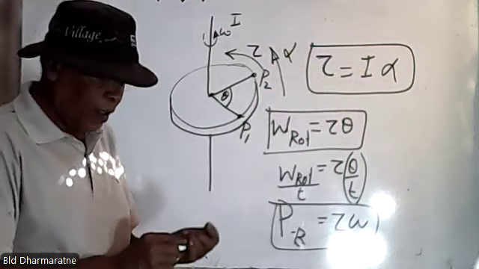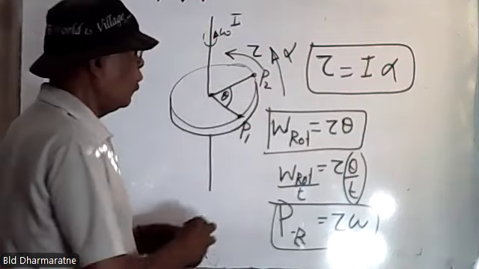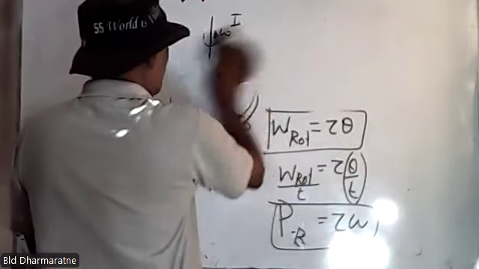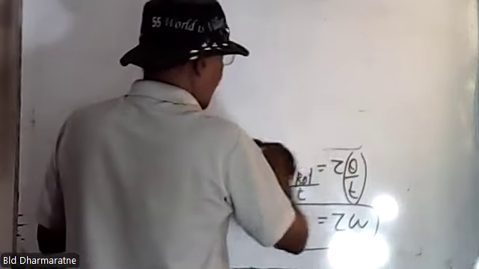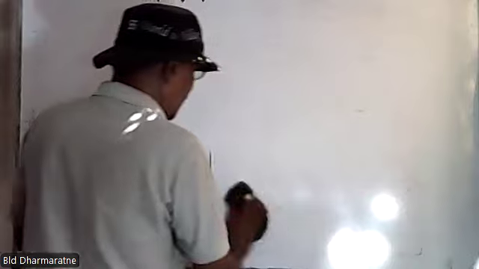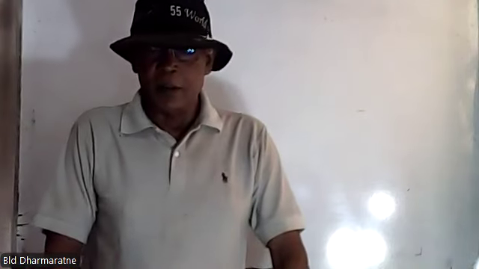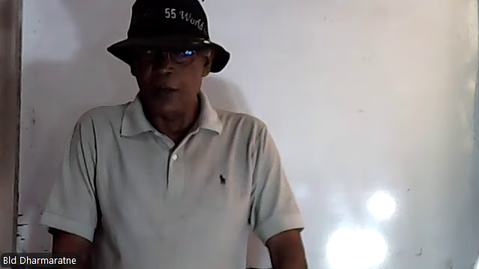Right. If we are talking about the torque tau, there is always angular acceleration also. If the torque vanishes, the angular acceleration also vanishes. The body can then rotate with uniform angular velocity.